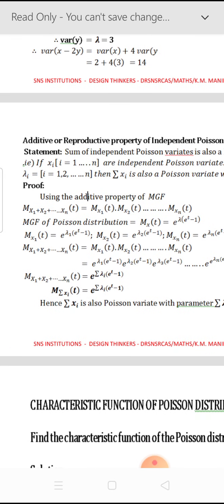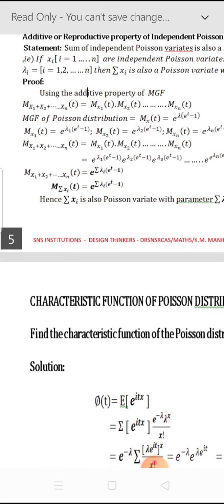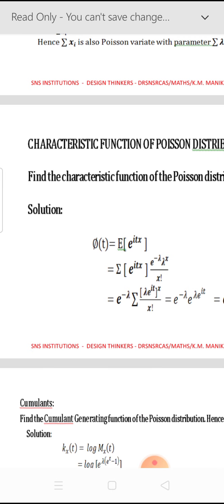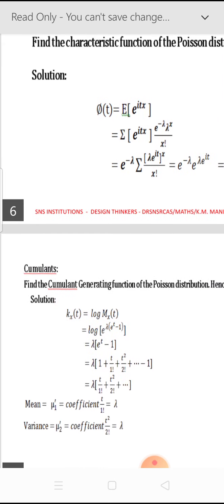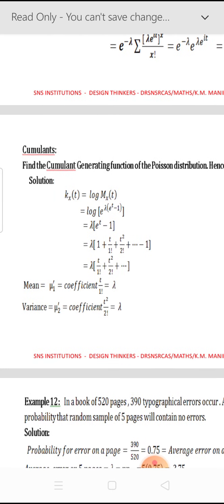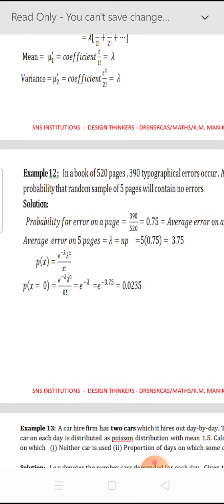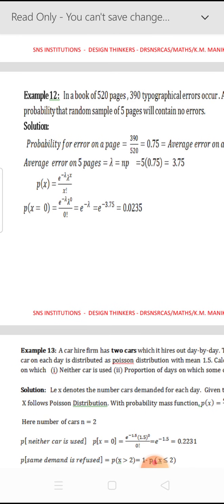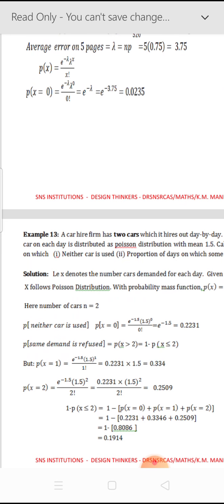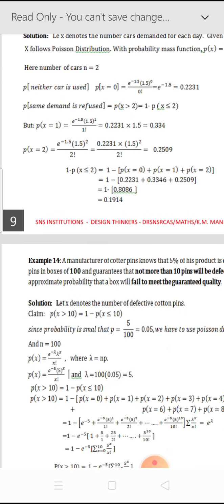And we have seen the independent additive property for the Poisson independent random variates. And we have found the characteristic function of the Poisson random variate and the cumulant generating function of the Poisson random variate. And we have seen the applications of the Poisson distribution by solving three problems.